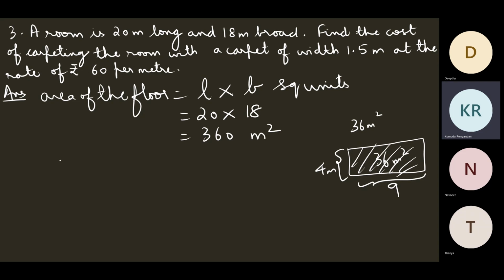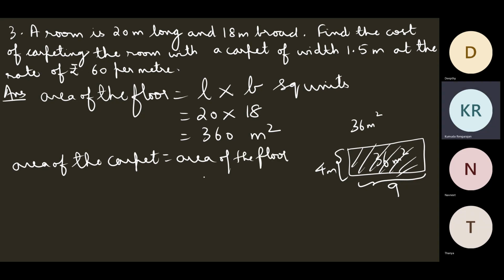So now you should find the length. The area of the floor is nothing but the area of the carpet also. Area of the floor is 360 meters square. So the area of the carpet is equal to the area of the floor, which is also 360 meters square. Now the breadth of the carpet is given.